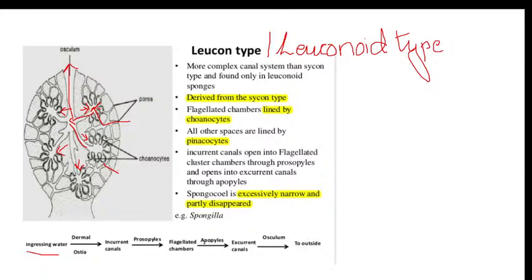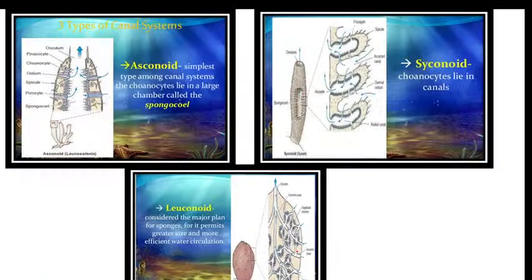They take or trap the food particles, and through the apopyles the water reaches the excurrent canals. Through the osculum the water moves out. This is the leuconoid type. It is more complex compared to the other two types, and the spongocoel is very reduced or even absent in some forms. Hope it's clear, the three types of canal system, and this is a summary of canal system.